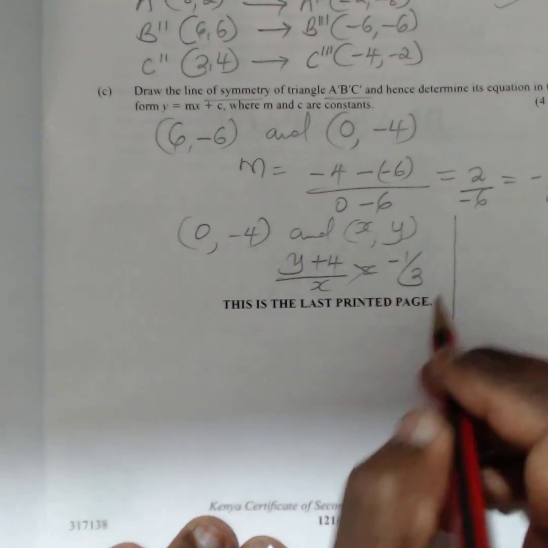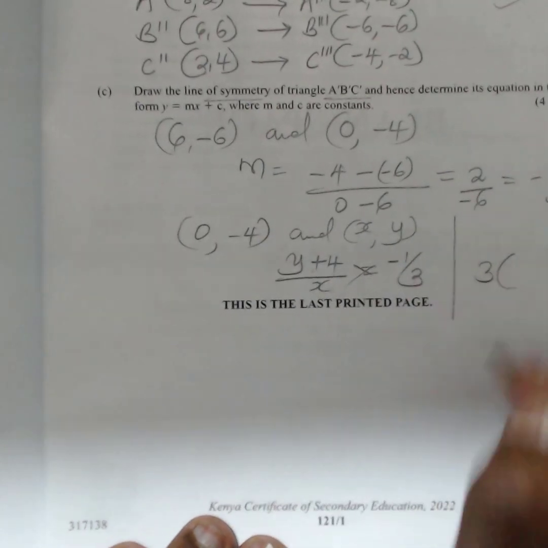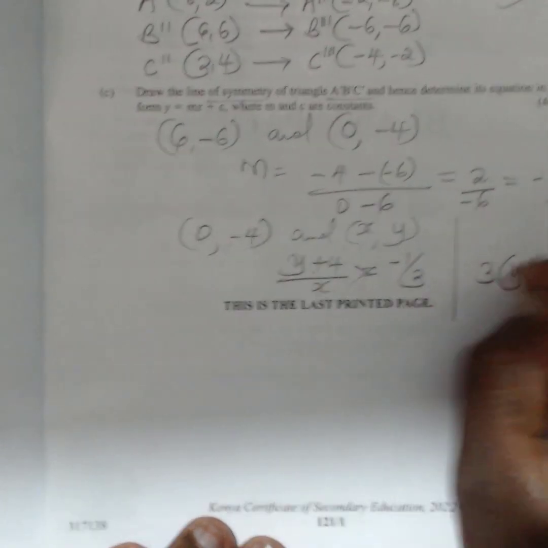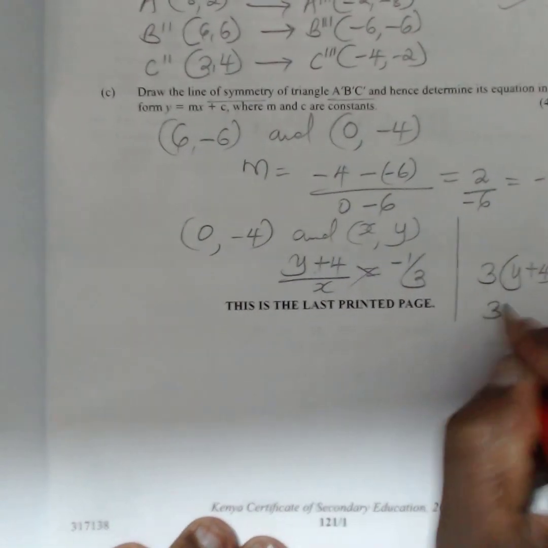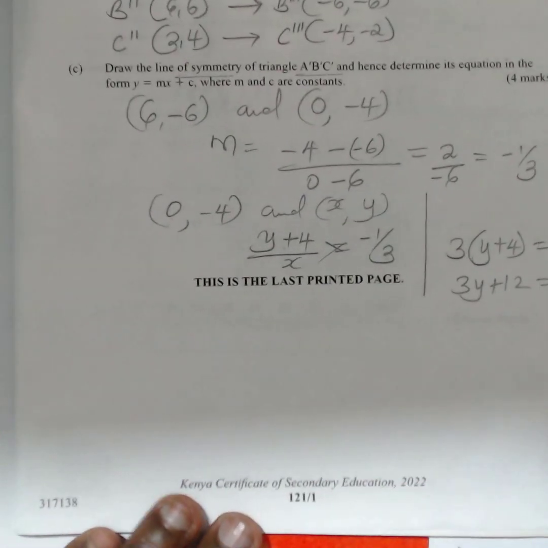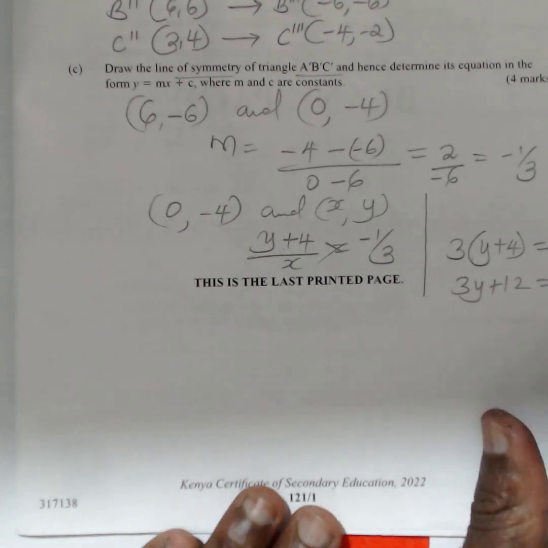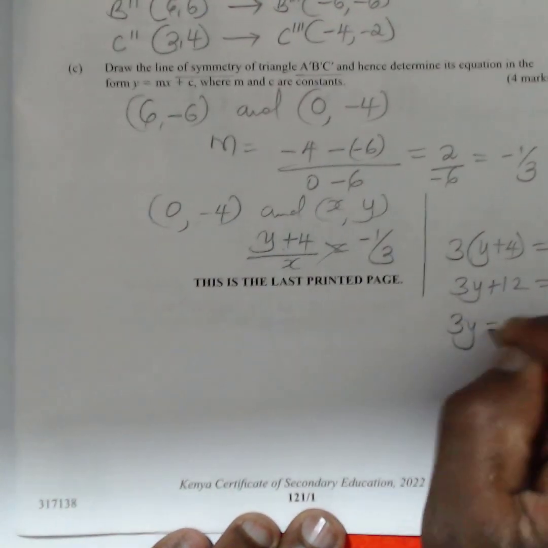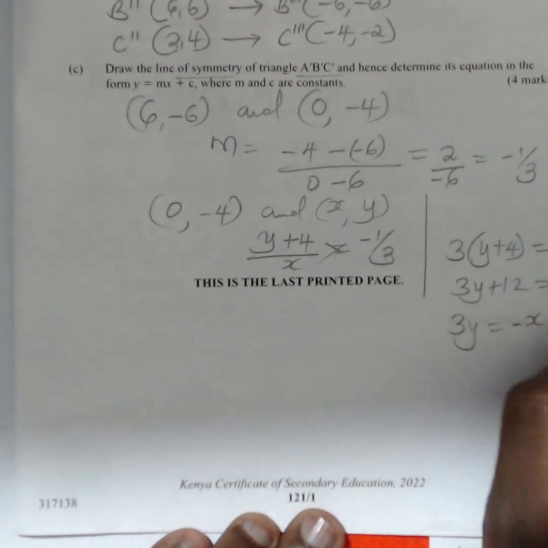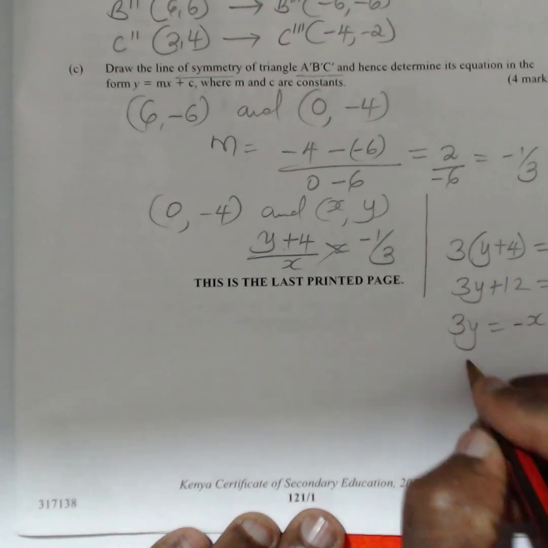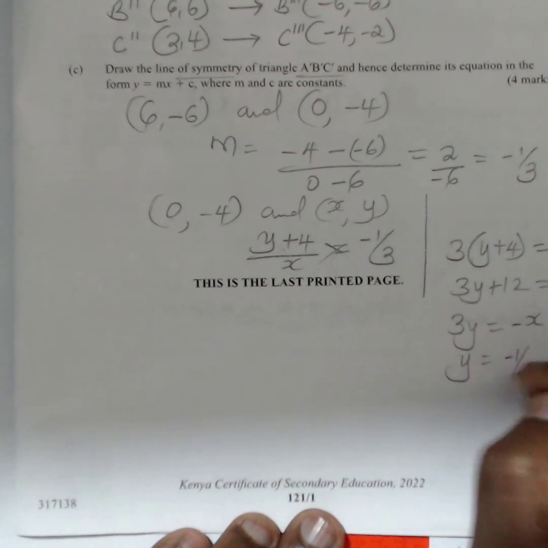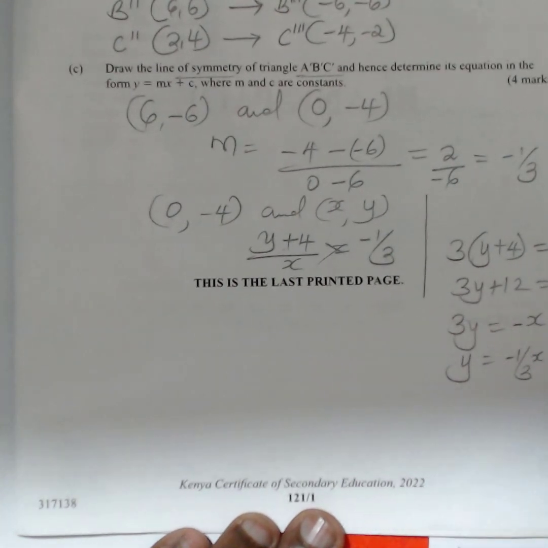If you cross multiply, 3 times y plus 4 equals negative 1 times x, which is negative x. So this will be 3y plus 12 equals negative x. I need that equation in the form y equals mx plus c. Therefore we get 3y equals negative x minus 12, so y equals negative a third x minus 12 over 3, this is minus 4.